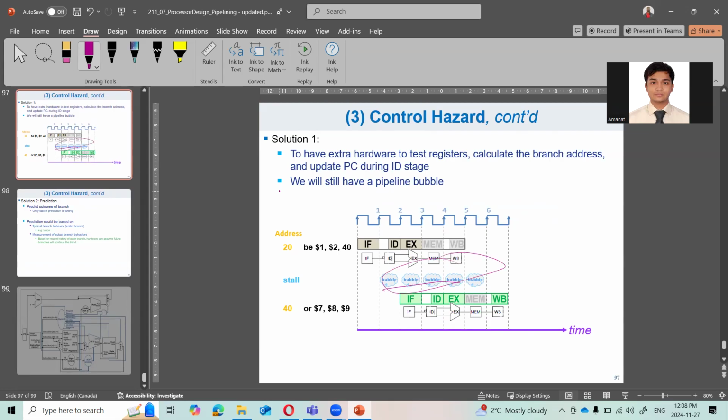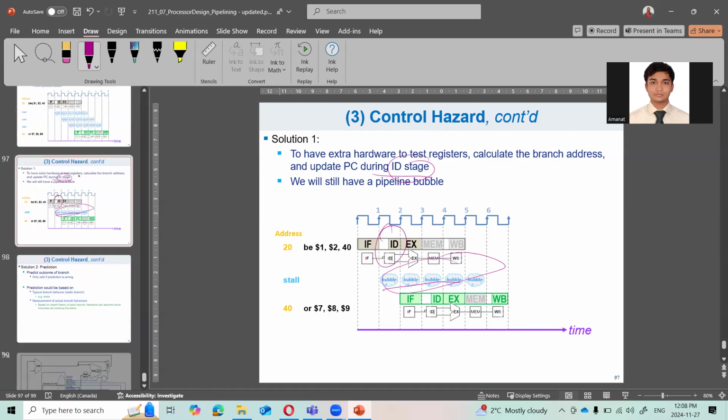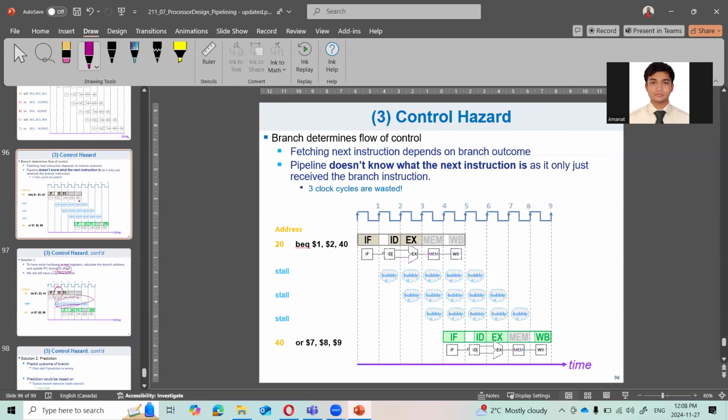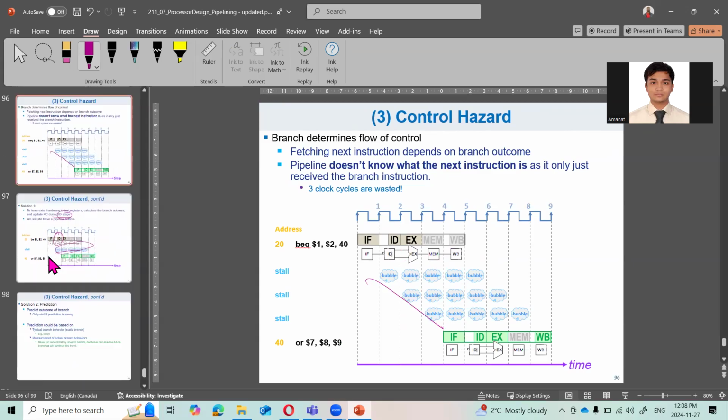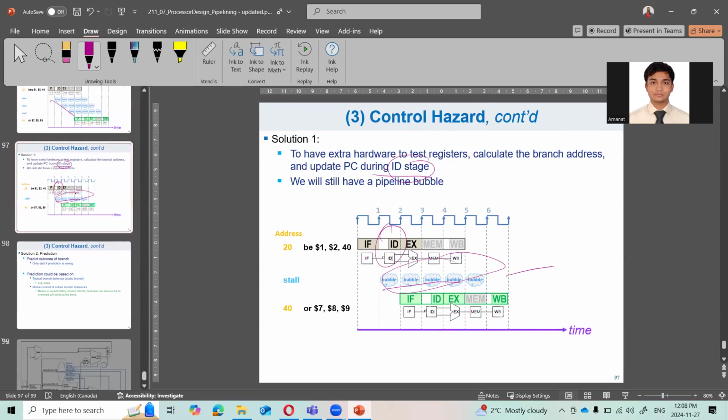You can do that by having special hardware so that in the PC stage, you know whether you're going to jump or not. With special hardware here, you can reduce 3 stalls to 1 stall. So this solution is special hardware.